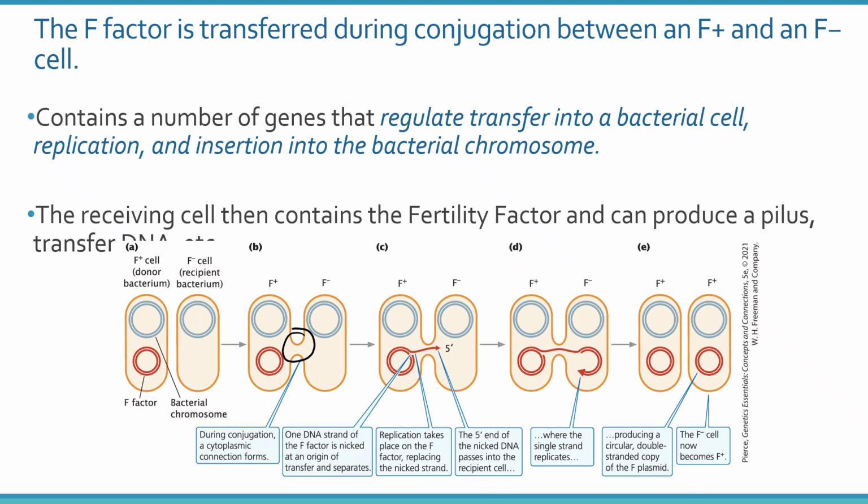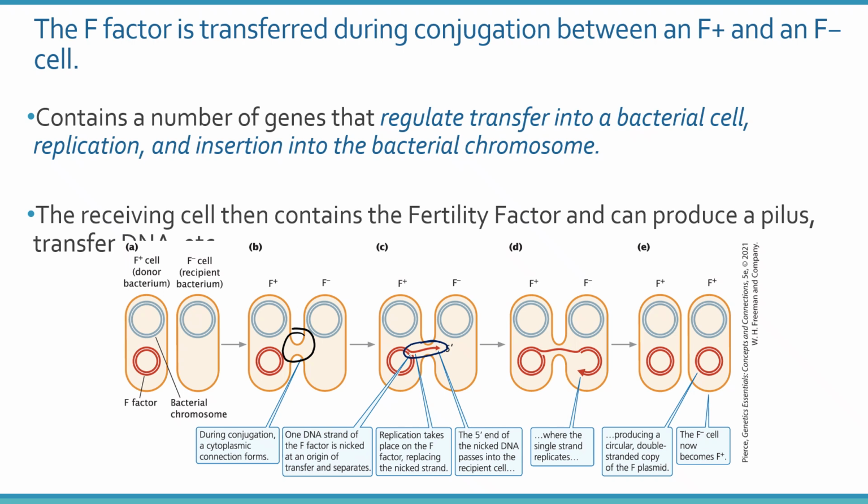And as part of this, that transfer is going to start spooling through a single strand of the DNA. It could be a plasmid, it could be a chromosomal piece of DNA, but either way, we get single strand sort of unwinding and moving through that sex pilus.